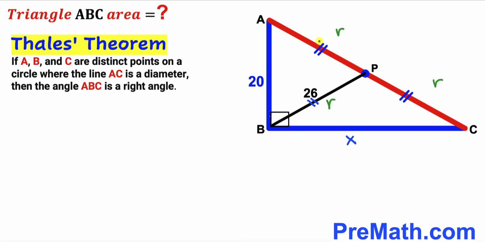So we conclude that these segments are equal in length. If segment BP length is 26 units, then AP segment length is 26, and likewise CP length is 26 units as well.